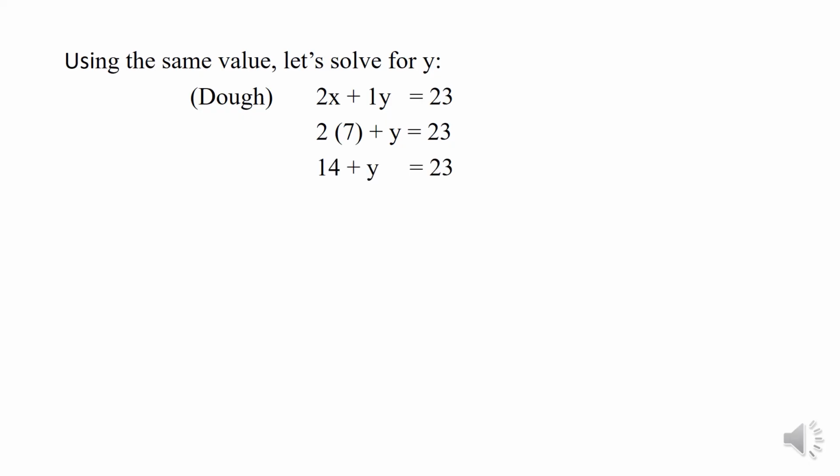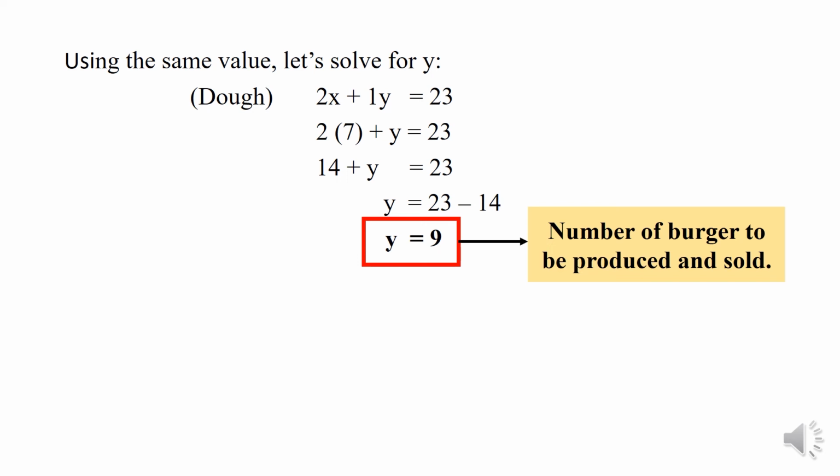This becomes 14 plus y equals 23, and our y is now 9. So this 9 is the number of burgers to be produced and sold. We now have 7 pizzas and 9 burgers to be produced and sold. So this is now our solution.